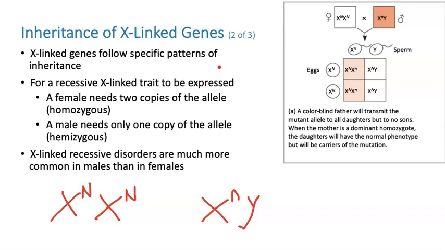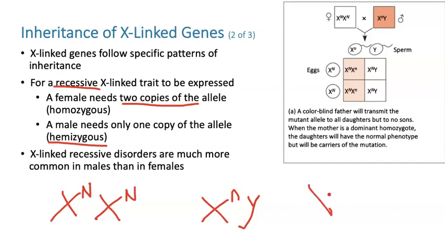So it is very possible for females to express X-linked traits, but if that's true, then the females have to have 2 copies if it's a recessive allele. So this female right here that I'm showing you, she's homozygous dominant. This male right here, well, we can't even use the word homozygous because he doesn't have 2 of the same. We actually use the word hemizygous to refer to the fact that he's showing recessive, but he only has the 1 allele.